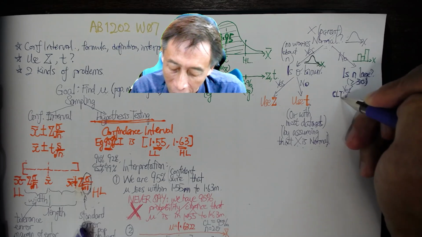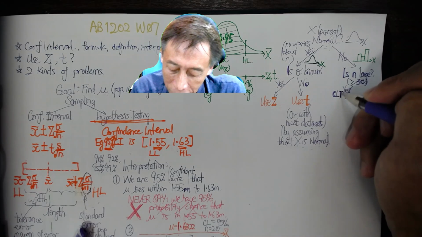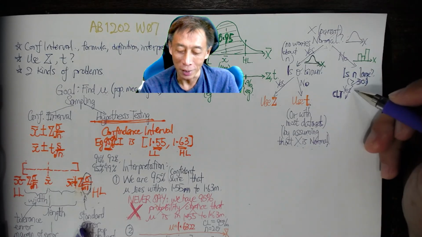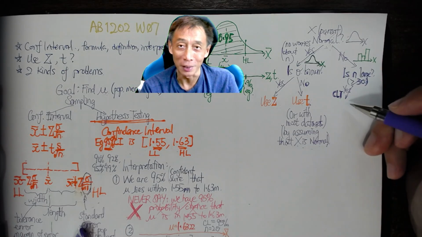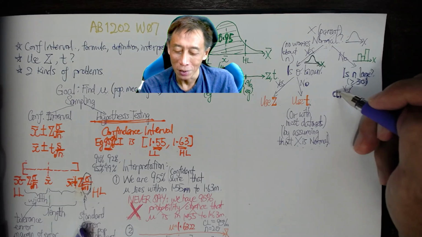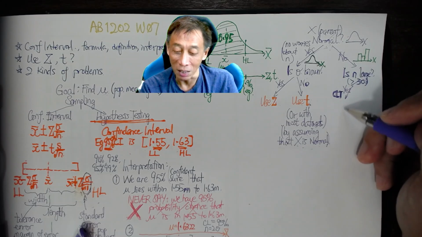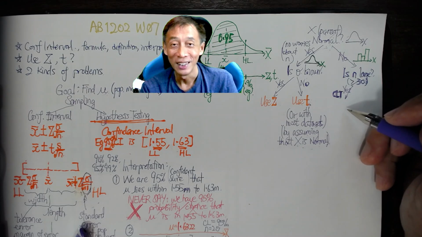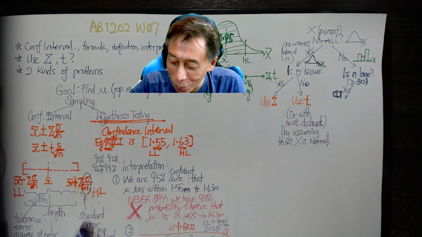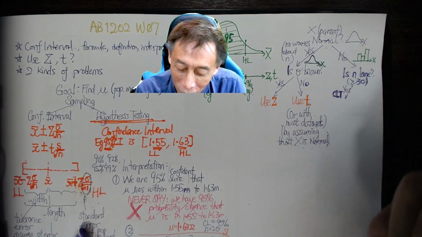Remember that we didn't have a rich parent, so we got to work hard. N has to be large, right? And we did work hard. So we didn't have rich parents, so we worked very hard, and CLT guarantees that the child will be normally distributed. So the X bar will be normally distributed, which means you can use the Q norm.